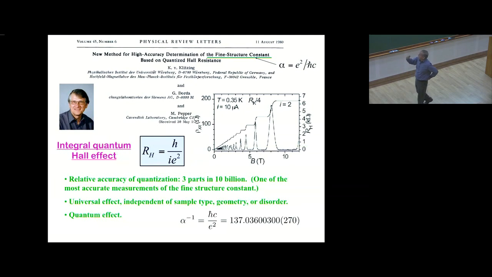So this was his discovery, and furthermore, he noticed something very neat. He noticed that the value of the Hall resistance on these plateaus is given very precisely by this formula. It's equal to h, the Planck's constant, divided by an integer times e squared. For example, here the value is h over 2e squared. This was very surprising. It was not predicted by theory.